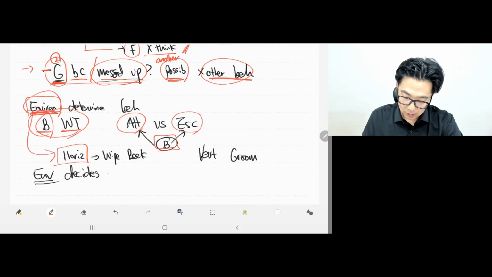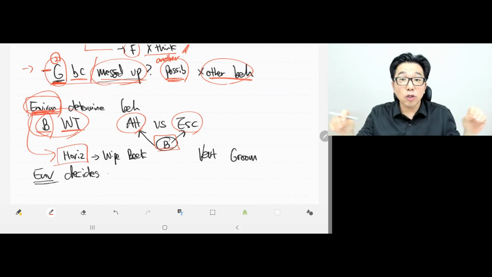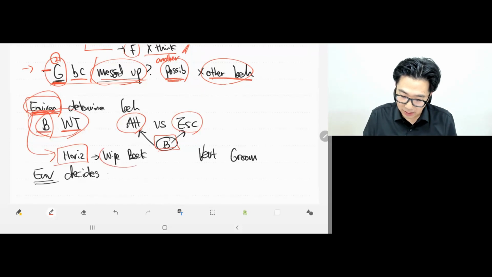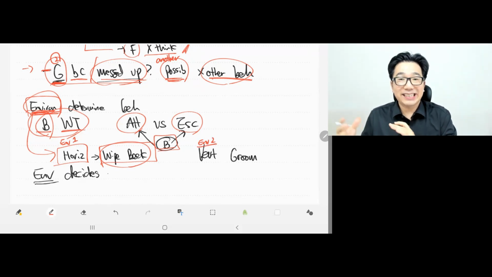So if the bird is standing on a horizontal branch of the tree, then the animal does this action, wipes its beak. But if the environment is different, the bird acts differently. That's the key. All right? That's the important information.